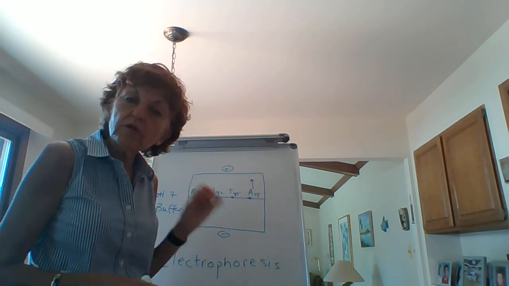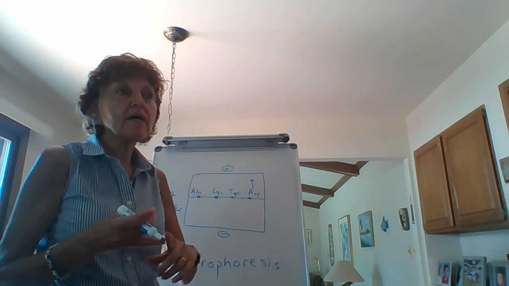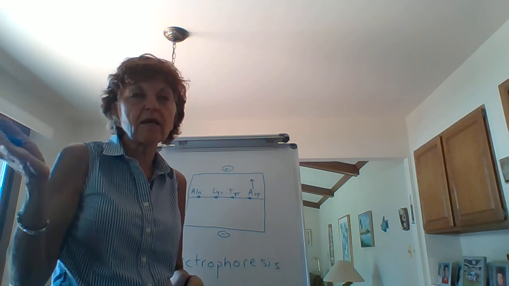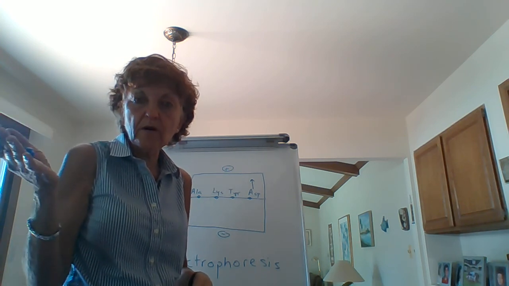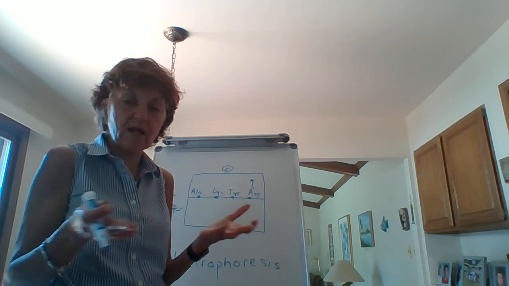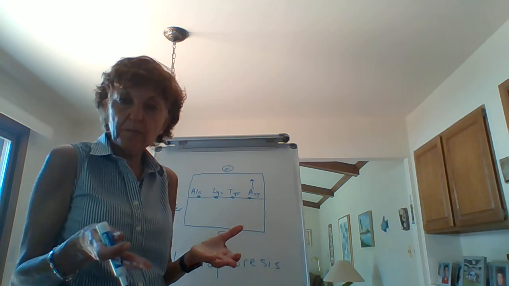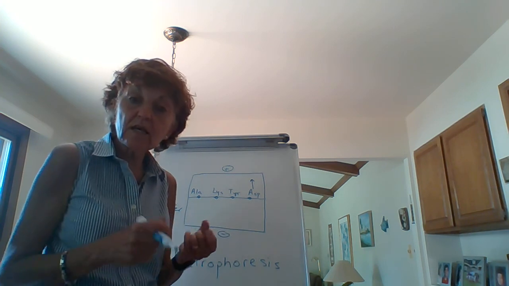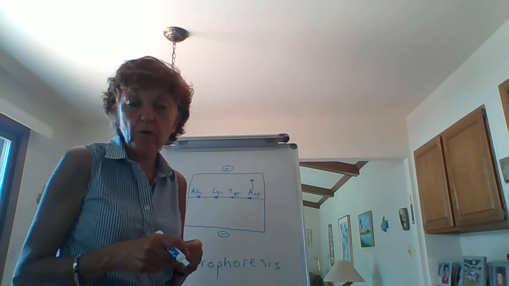Tyrosine is polar neutral. It has a plus charge on the amine side, a negative charge on the carboxylate ion. So it doesn't have an overall charge at a pH of 7, so it's going to just stay put right here. Lysine is basic, it's polar basic.